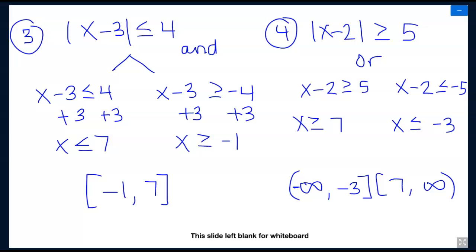So I didn't write the 7 infinity, then negative infinity, negative 3. You always read it and put your answers like a number line. Negative infinity and positive infinity, if they're included, need to be at the farthest left and the farthest right. Your answers should be read like a book in order from smallest to largest.